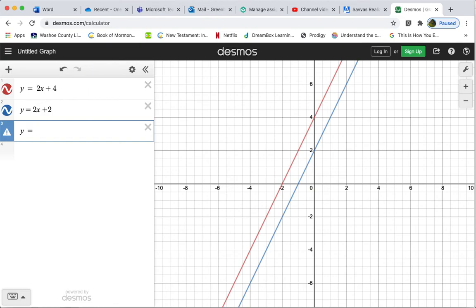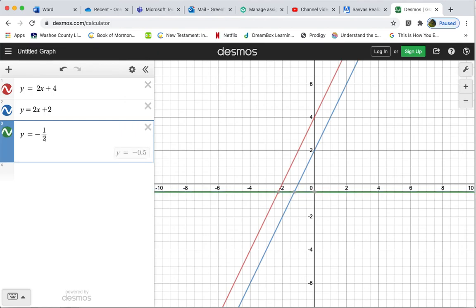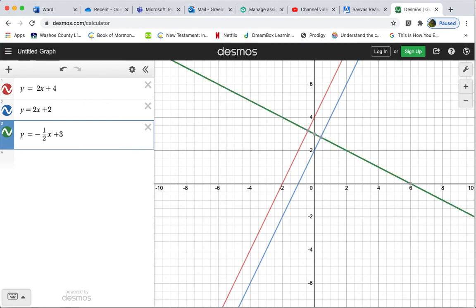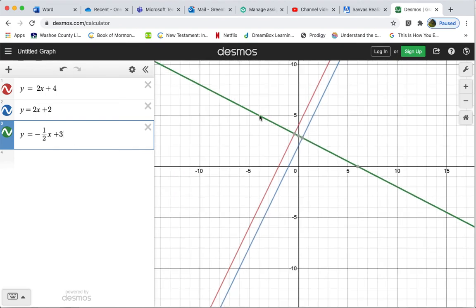So the negative reciprocal of 2 would be negative 1 over 2 x. And you see that actually crosses because these are parallel lines. This is going to cross both of the lines at a 90-degree angle. We'll just say plus 3, that's in between the two. So then we have a perpendicular line, and that would be a 90-degree angle.